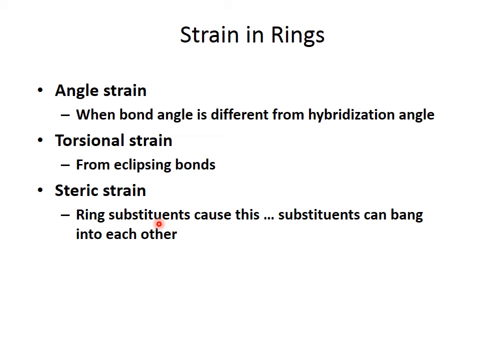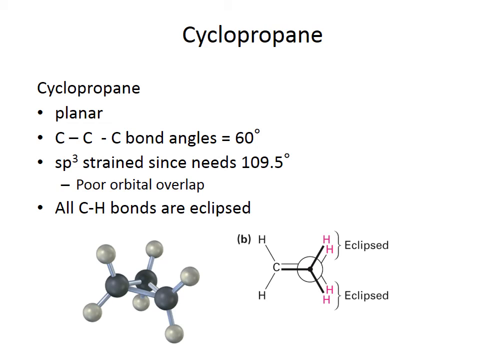We don't have steric strain or much steric strain from plain unsubstituted rings. However, when we have substituted rings, we can have steric strain. In cyclopropane, the molecule is planar, and so the hydrogens must be eclipsed.